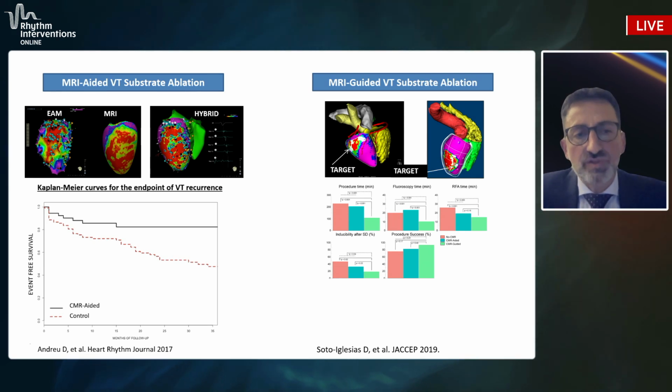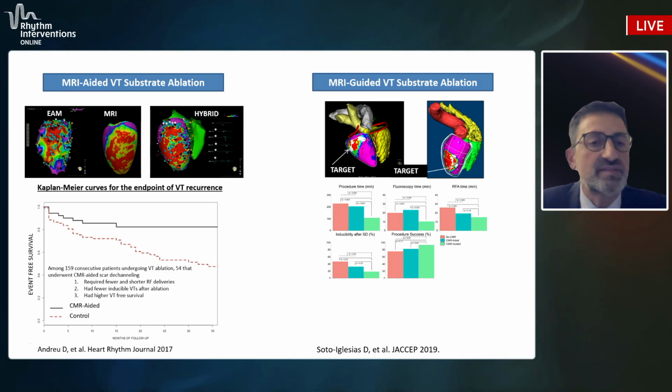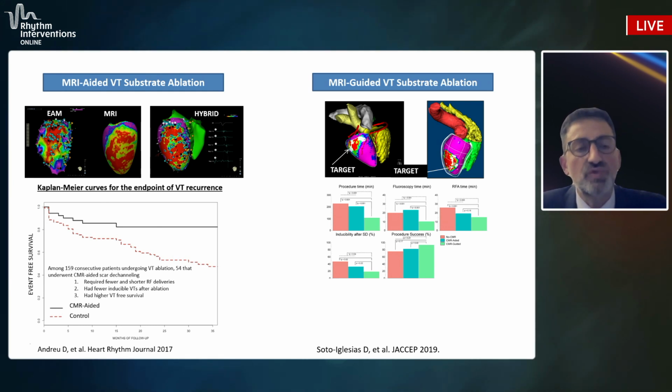We compare the results of ablation with and without this information, and in a study of about 160 patients, we compared these two groups of patients with and without the help of the MRI to guide ablation, and we observed that we required fewer and shorter radiofrequency deliveries. We had fewer inducible VTs after ablation, and we had higher VT-free survival when we use information of the MRI introduced into the navigation system.